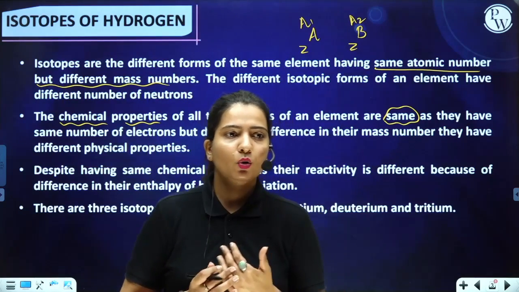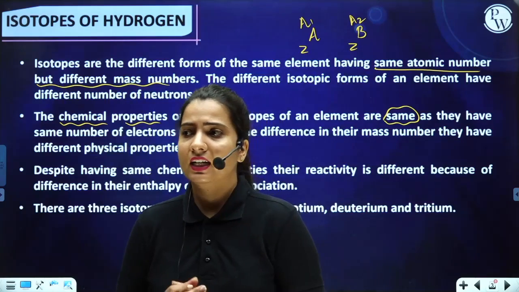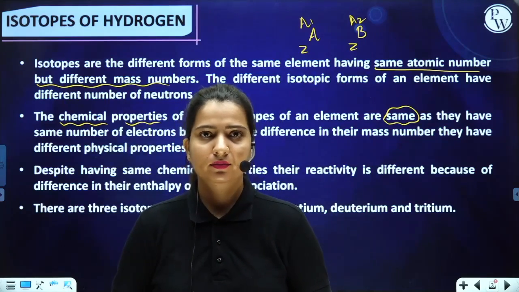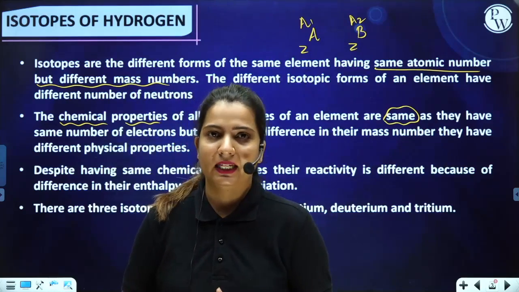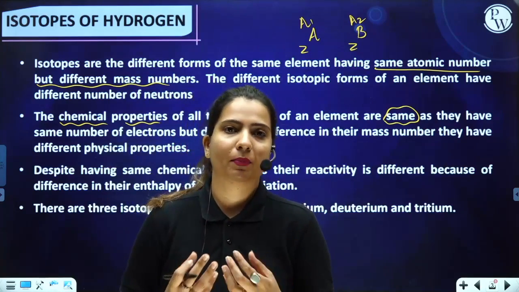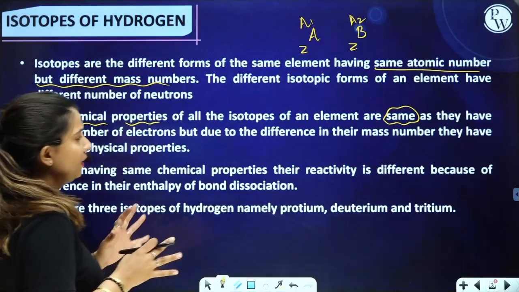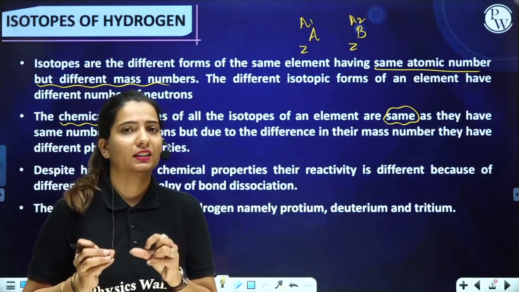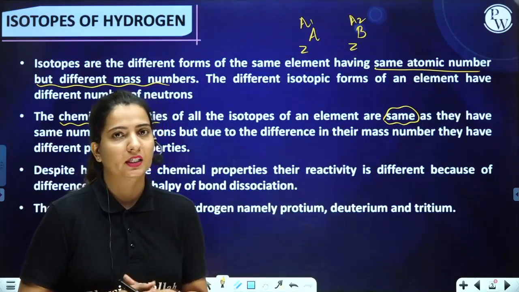See, whenever you talk about chemical properties, you're talking about chemical reactions. A chemical reaction uses the electrons. So if you have the same number of electrons, your chemical nature will be same. But your physical properties can be different, because physical property depends not only on the electrons, it depends upon the other numbers also, like neutron numbers, proton numbers.